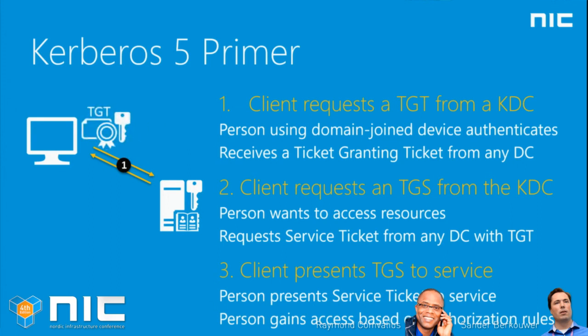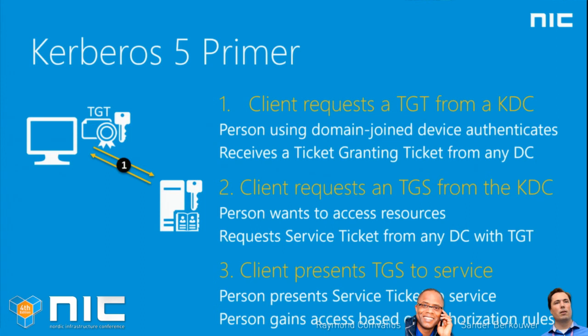So you send your encrypted credentials to the domain controller, and the domain controller creates this ticket granting ticket for you. This is encrypted with a secret key that is shared among all domain controllers in your network. And this secret is based in a user account. There is a user in AD that's called KRB-TGT. And this user has a password, and that password is used to encrypt all those ticket granting tickets.